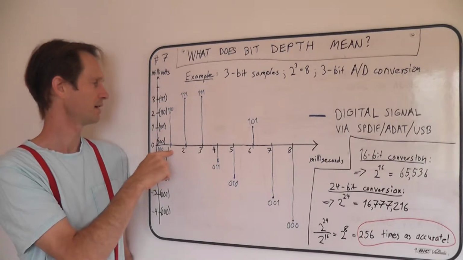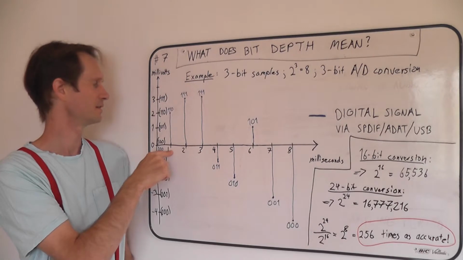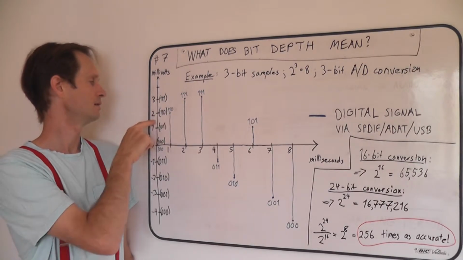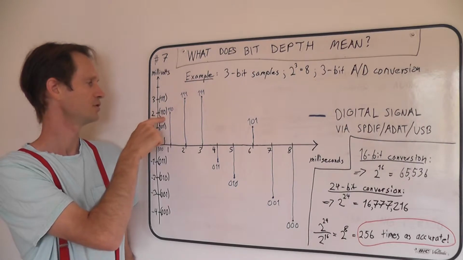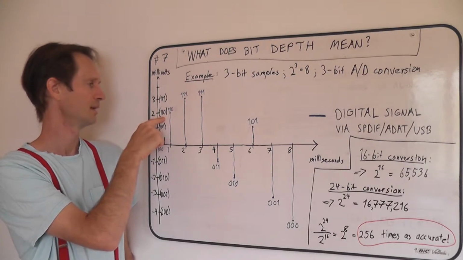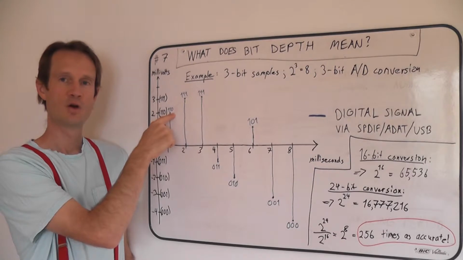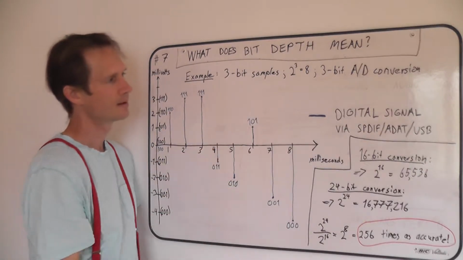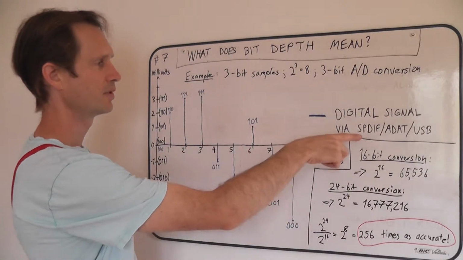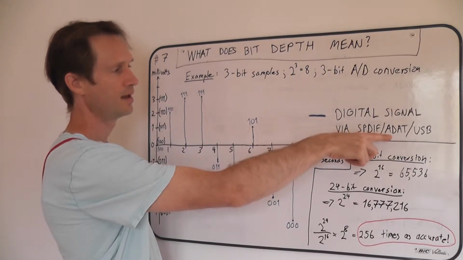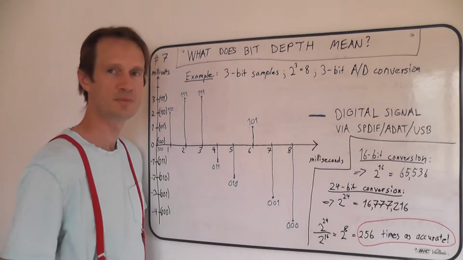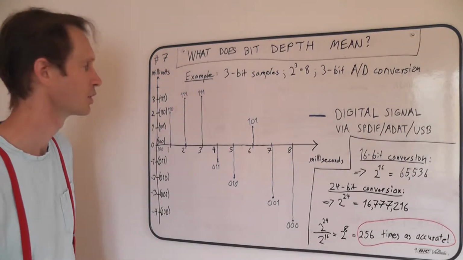And at 1 millisecond, as we saw in the last example, my signal is equal to 2 millivolts, which I've chosen to encode as 110. So that's what I'm going to send over my digital cable, whatever it might be. It might be in SPDIF format, it might be in ADAT format, or it might be in USB format if I'm sending it to a computer.